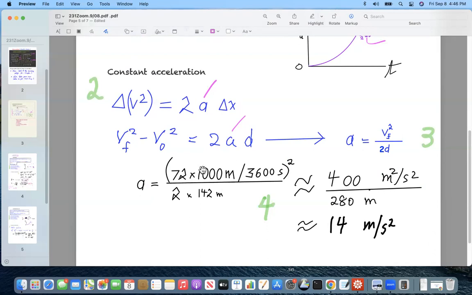Now, the answer is going to be a number with a unit. So what's the unit? Well, meters squared divided by seconds squared divided by meters. Now I can cancel 1 power of meters. Meters squared divided by meters is just meters. So it'll be meters divided by seconds squared. So you see, I don't have to know what the unit is.